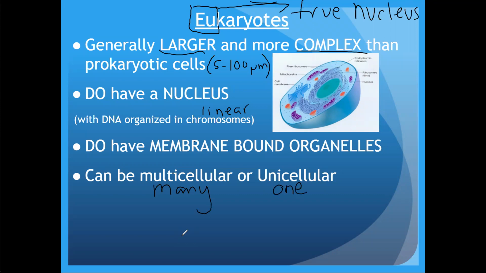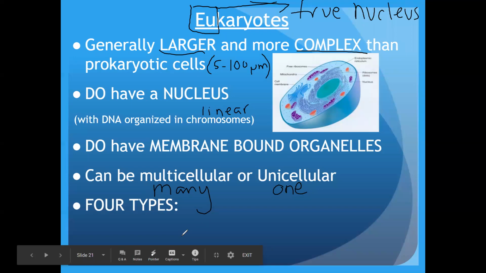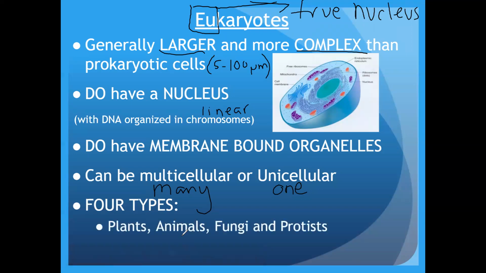While prokaryotes can only be made of one cell, eukaryotes can be multicellular or unicellular. And there are 4 types of eukaryotes. There are plants, animals, fungi, and protists. So plants, animals, fungi, and protists all have nuclei.